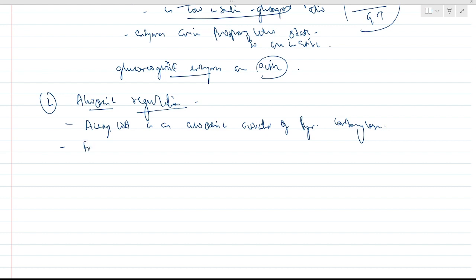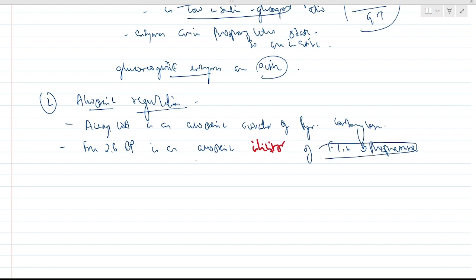Again, fructose 2,6 bisphosphate, not 1,6 bisphosphate, is an allosteric inhibitor of the enzyme fructose 1,6 bisphosphatase, which converts fructose 1,6 bisphosphate to fructose 6 phosphate.